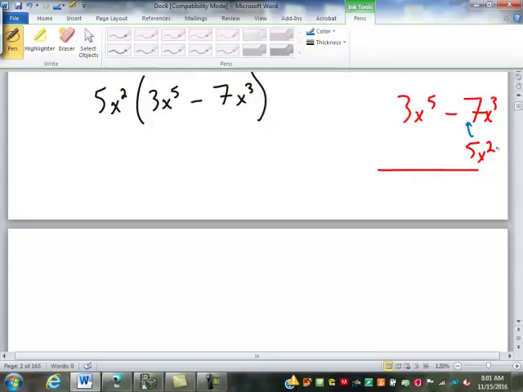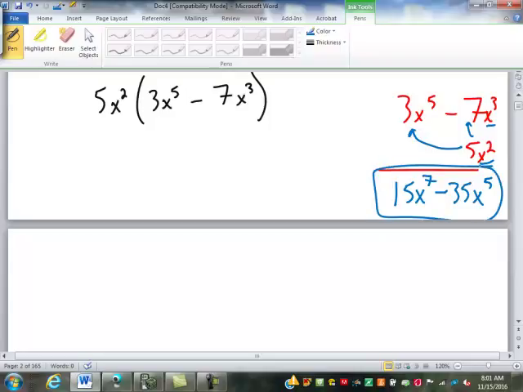We multiply the counts. 5 times negative 7 is negative 35. Then we multiply the names. X squared times x to the third, x to the fifth. 5x squared times 3x to the fifth. Well, 5 times 3, 15. X squared times x to the fifth, x to the seventh.